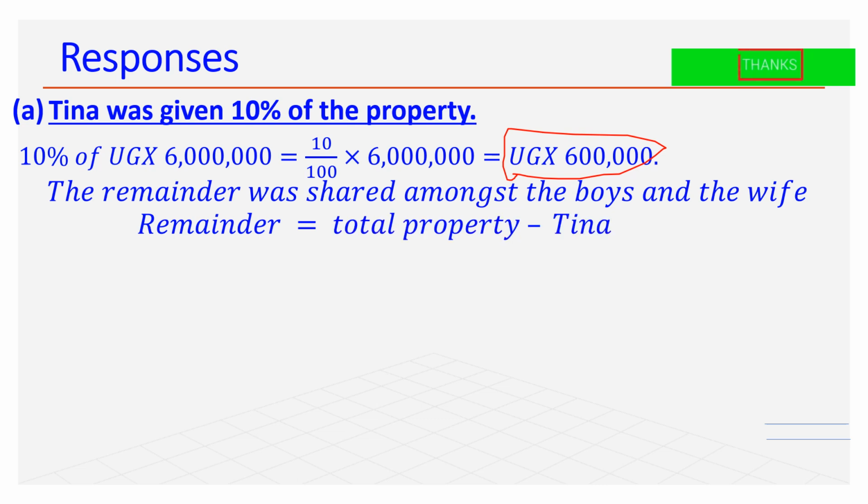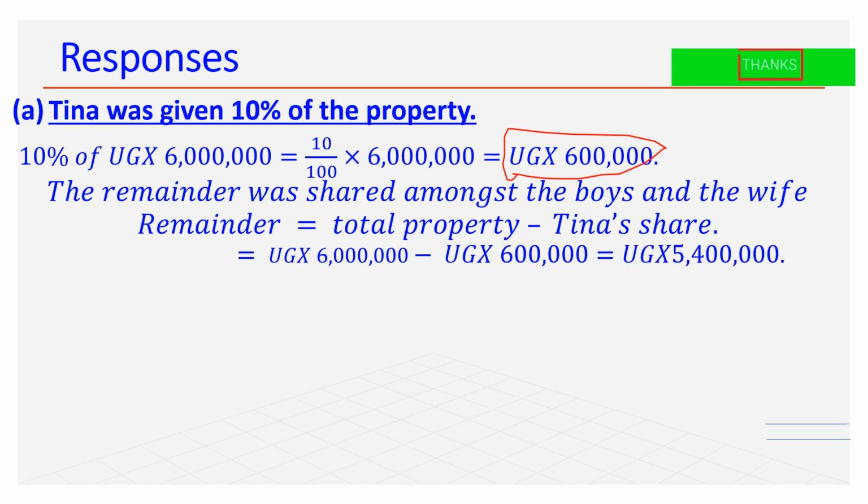We get the total property worth minus Tina's share, and that is 6 million minus Uganda shillings 600,000. This will give us Uganda shillings 5,400,000 as the remainder after Tina has taken a share from the 6 million.